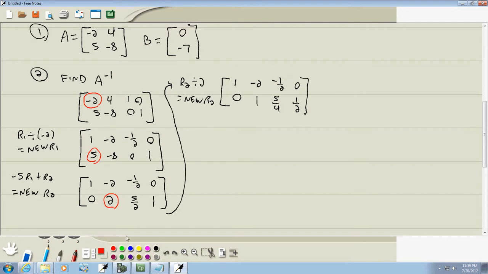Okay, last thing to find our inverse is we want to get a 0 here. So you look at the 1 here, you ask what do we multiply times this 1 that then added to that gives you 0. Well, it'll be 2. So we take 2 times row 2 and add that to row 1, and that gives us our new row 1.